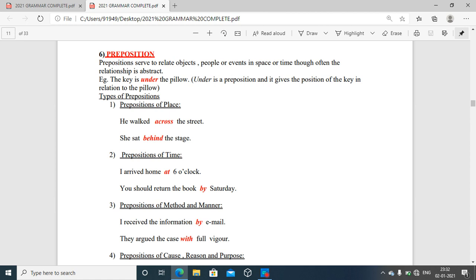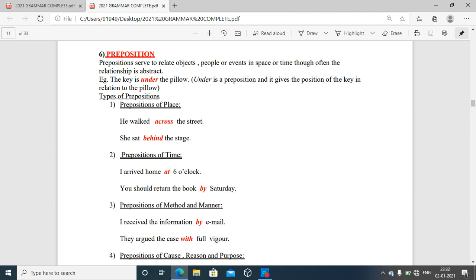Let us take an example. The key is under the pillow. Just think, for example, of a key which is kept under the pillow. This is about defining the relationship, that it is related in space or time. Here definitely the relationship is mentioned in space, not in time.